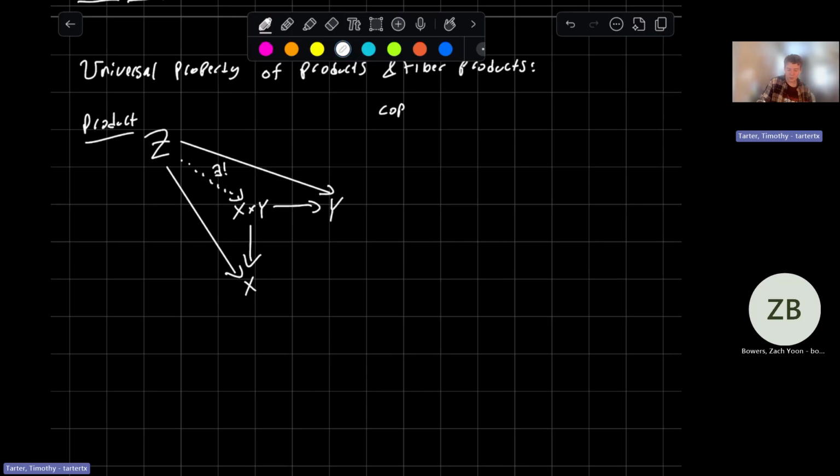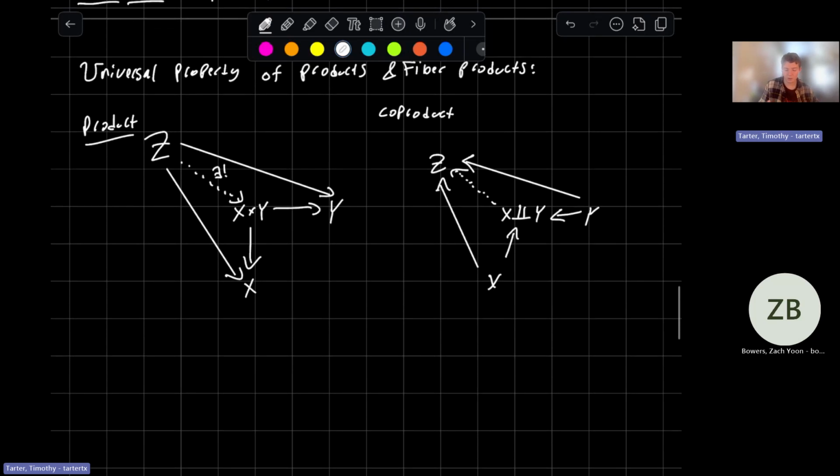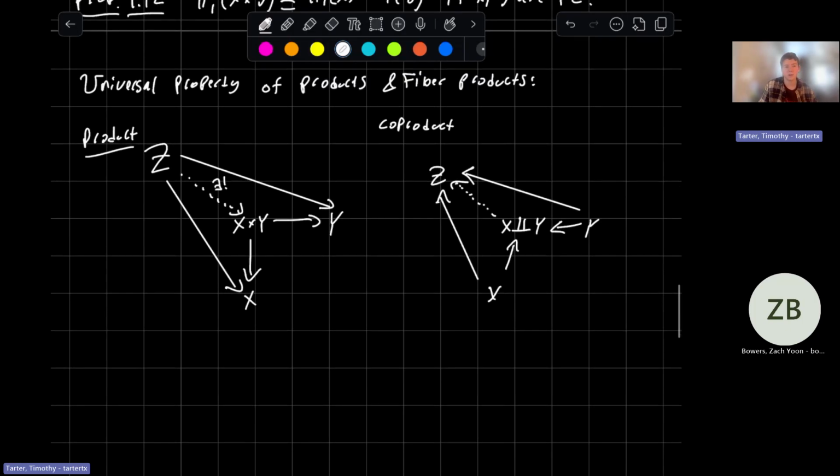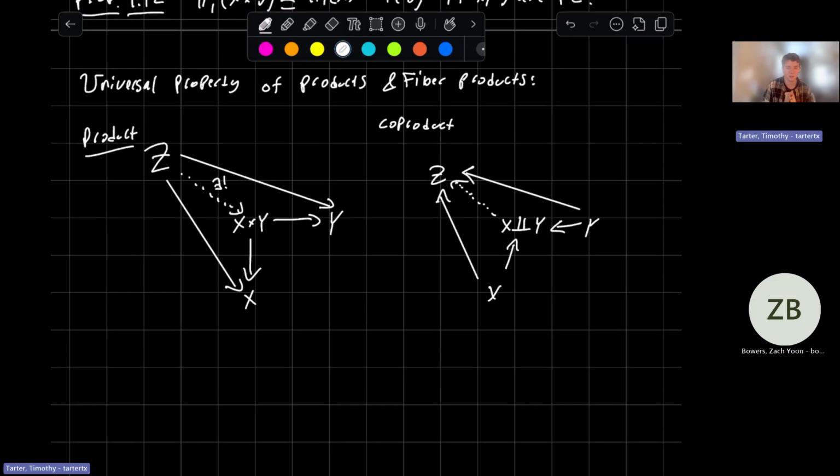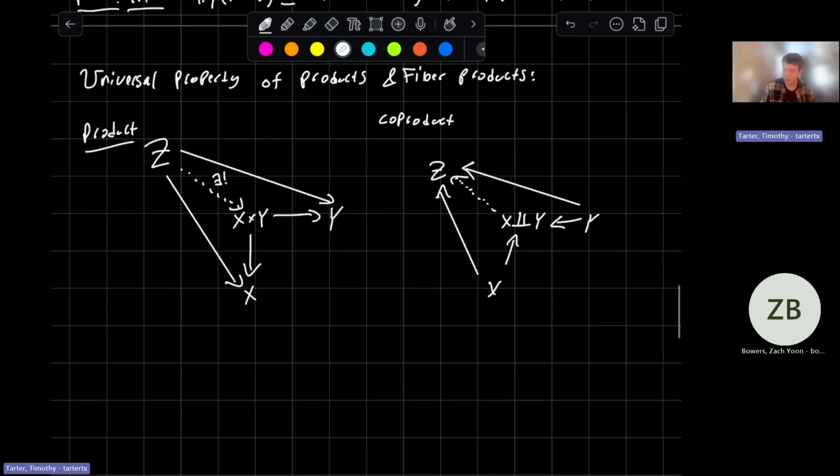But then the coproduct is this thing that reverses the arrows and says, okay, if we want to send stuff back to Z just from X, then it's going to factor straight through the disjoint union of X and Y. The idea is that you can send stuff as an embedding X into Z, but you can identify it with all of its possible pairings of things in Y as disjoint copies of each other.